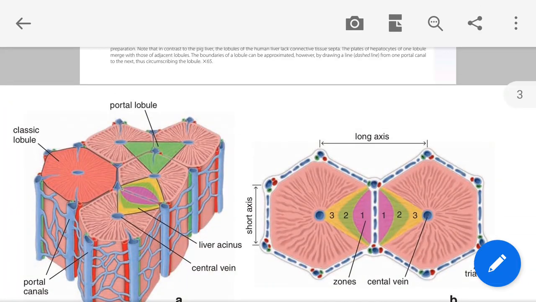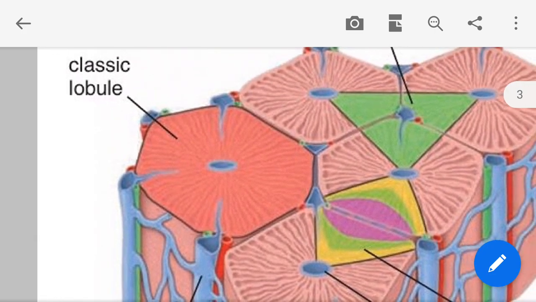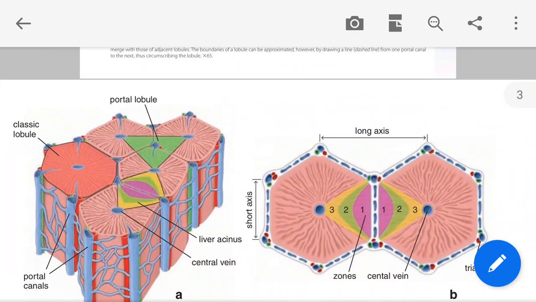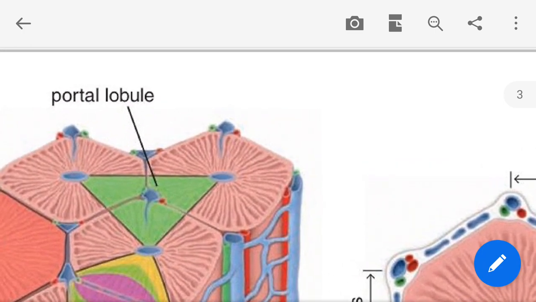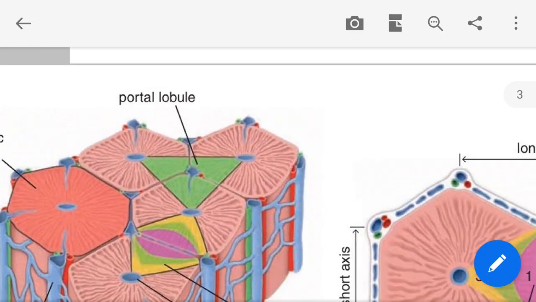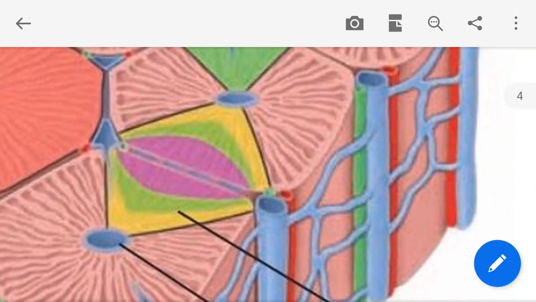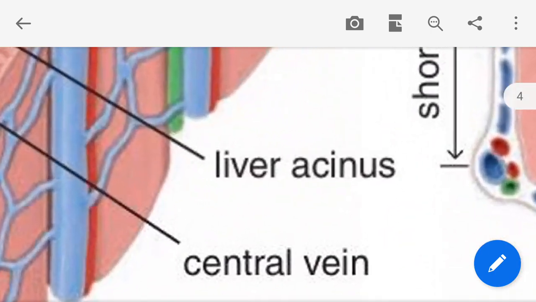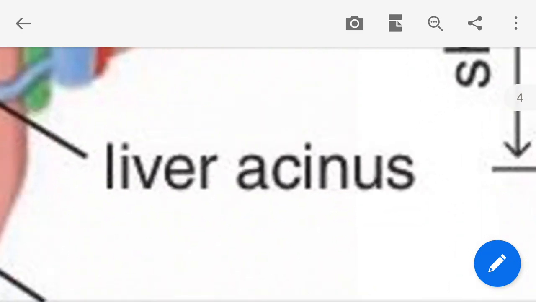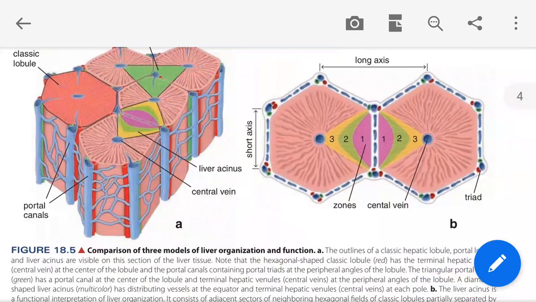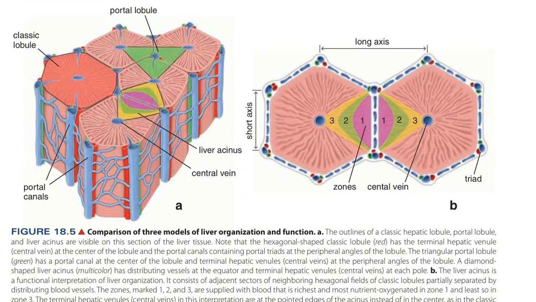In our previous lecture we discussed the classic lobule, then the second point, the portal lobule and the oval mass, then the hepatic acinus or the liver acinus. You see the arrangement of these three components: classic lobule, portal lobule, hepatic acinus. Then you also observe the central vein and where the portal triads are located.